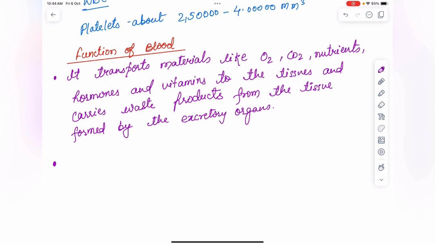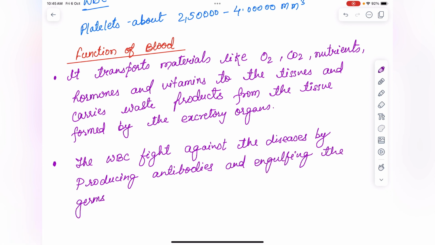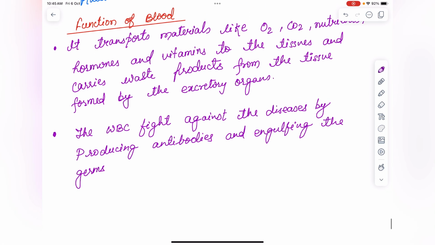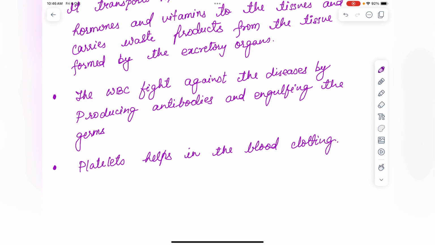WBC fight against the diseases by producing antibodies and engulfing the pathogens. And one more function is that platelets help in the formation of blood clotting. Blood also helps in maintaining the body temperature.